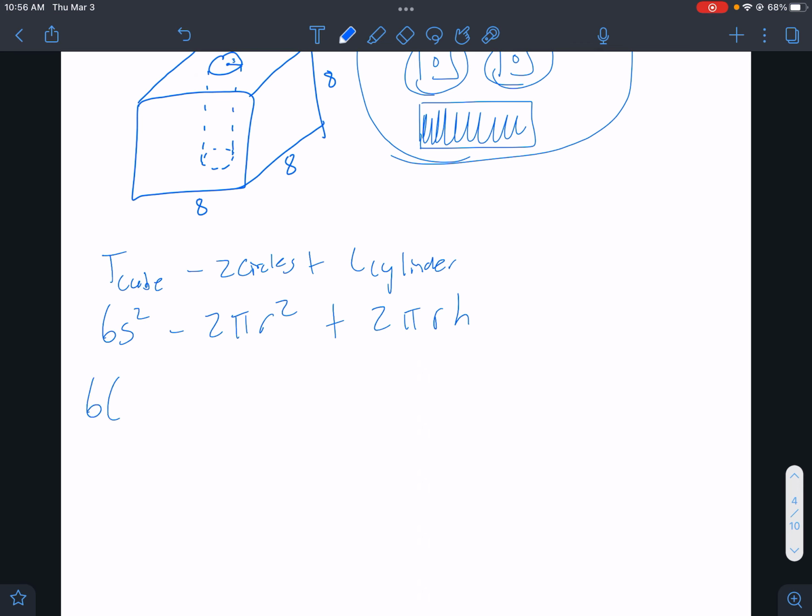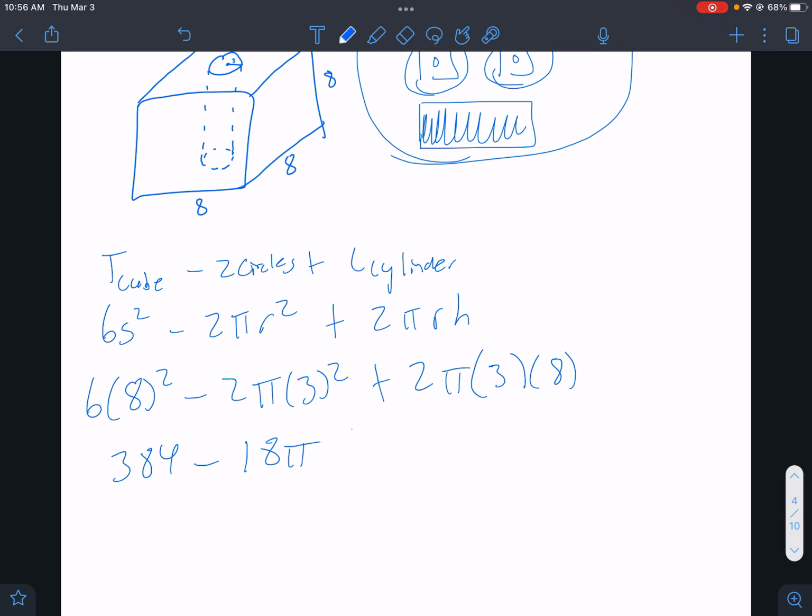So this is going to be 6 times 8 squared minus 2 pi times 3 squared plus 2 pi times 3 times 8. So that is going to be 64 times 6, that's 384. Then 9 times 2, 18 pi.